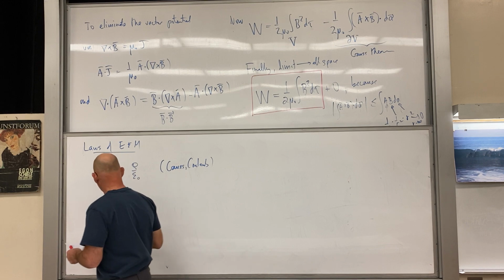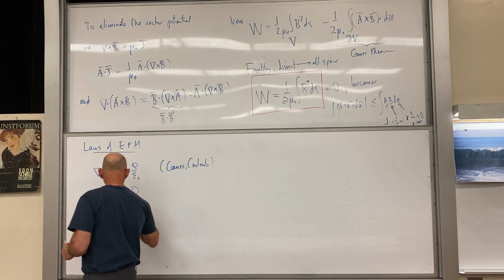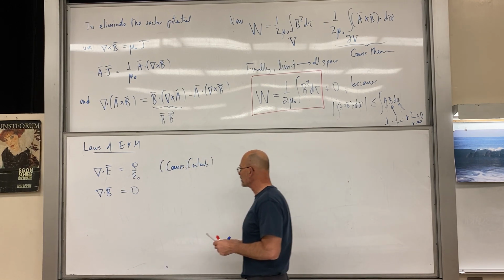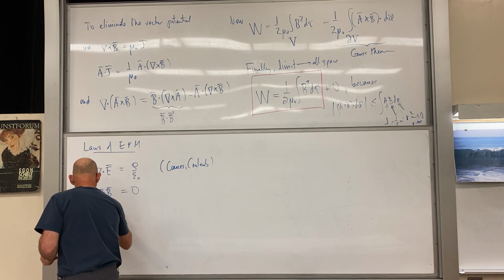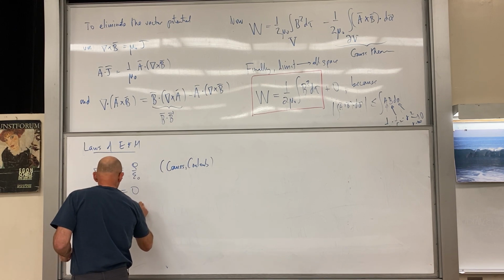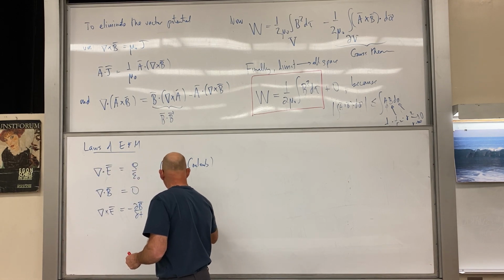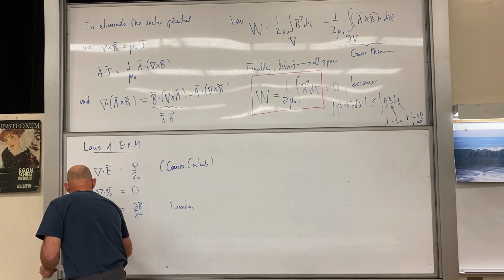We have right there, divergence of B equals 0. We have no magnetic monopoles. We can't isolate magnetic charge. We have the curl of E equals minus dB dt, so there's Faraday's law. And then we have Ampere's law.